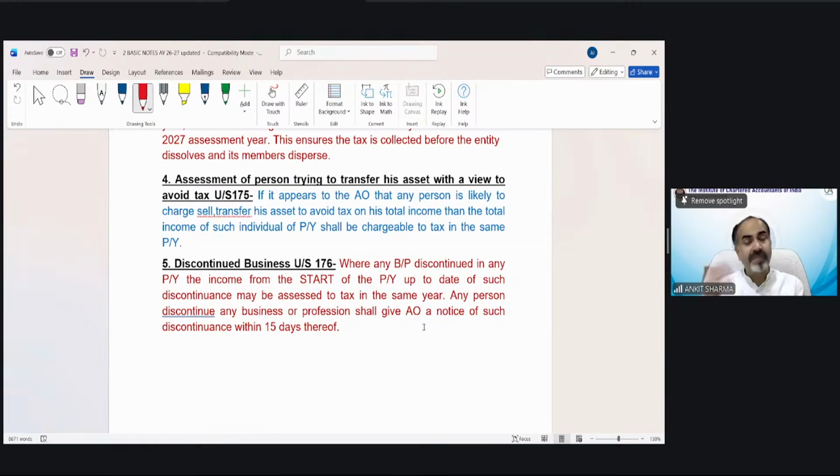It would be very difficult. So if somebody is transferring everything, whatever he has, then the income tax department can charge tax on the profit he has earned in the same previous year, because in the assessment year it would be very difficult for the department to find that person and collect the tax. So point number 4 is on the basis of facts.